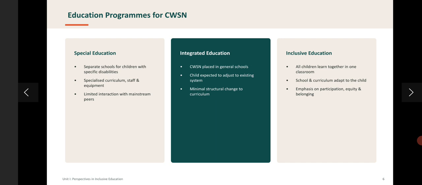Separate schools for the disabled children, outside the mainstream. That happened way back in the 1880s. So the disabled people of all ages, the learners, they will be in special education. For example, a separate special school or college, or a special unit within the school or college, all these things.